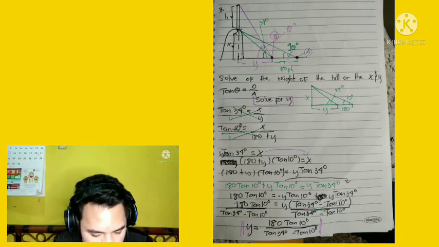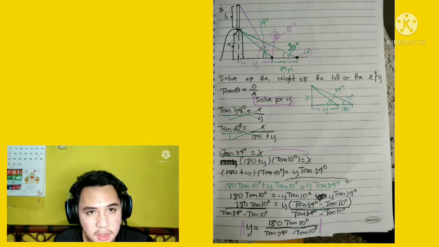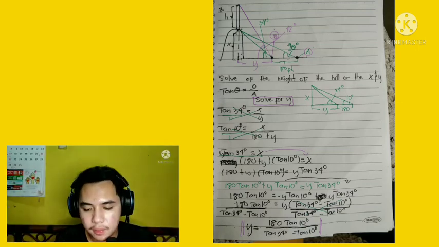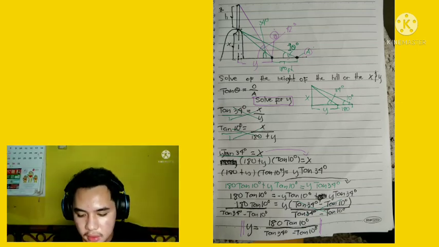So we have now 180 tangent 10 degrees equals y times tangent 34 degrees minus tangent 10 degrees.